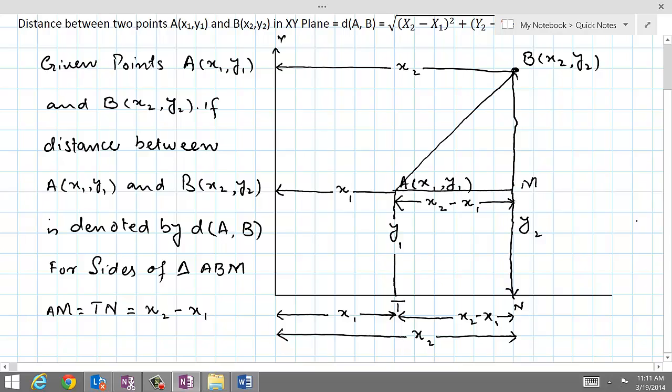Similarly, the height BN is y2 and AT, which is in fact equal to MN, is y1. So BM, which is what we want, is equal to BN minus MN.